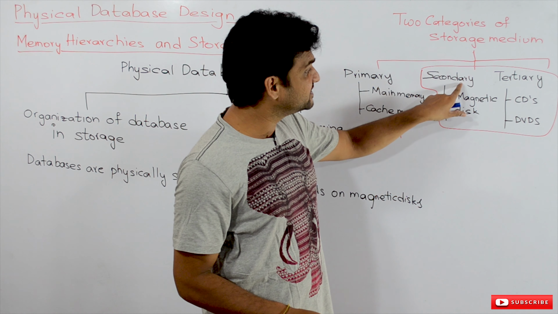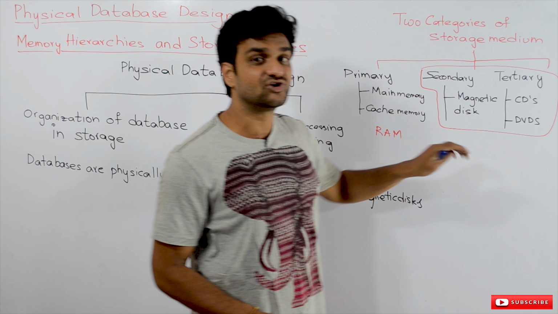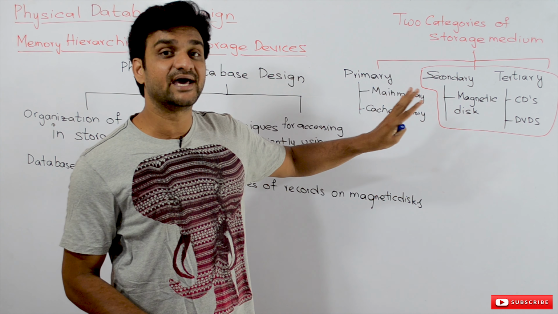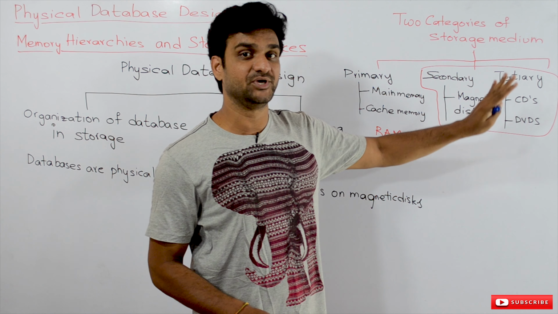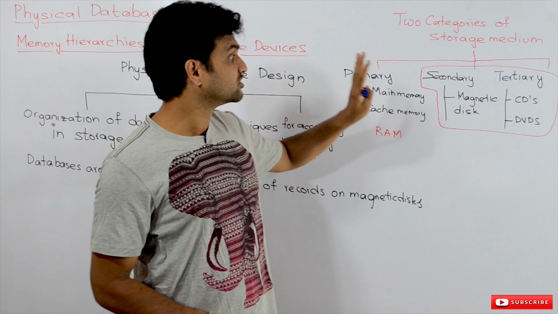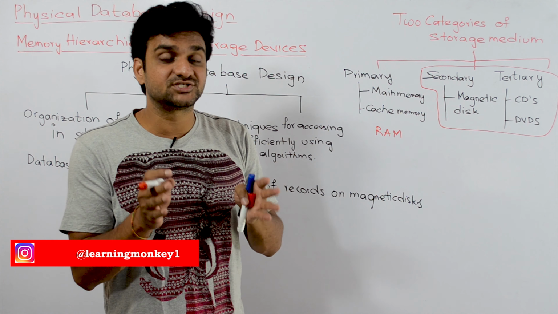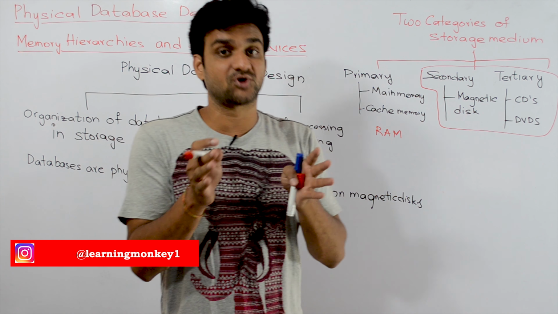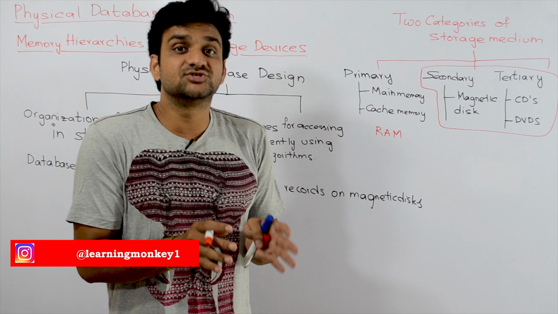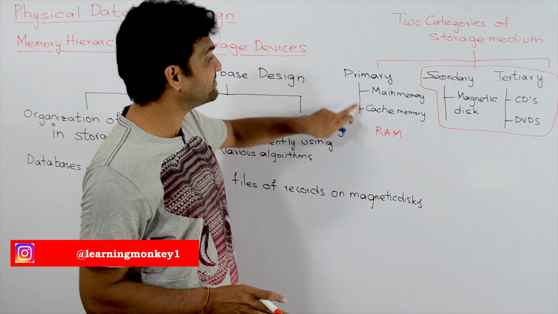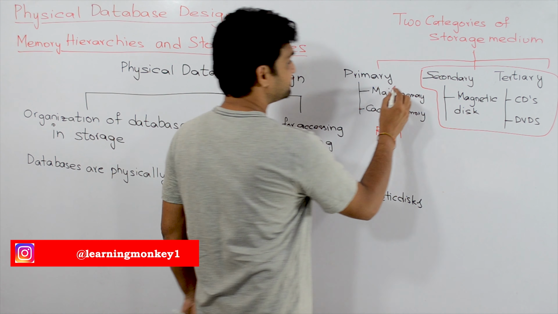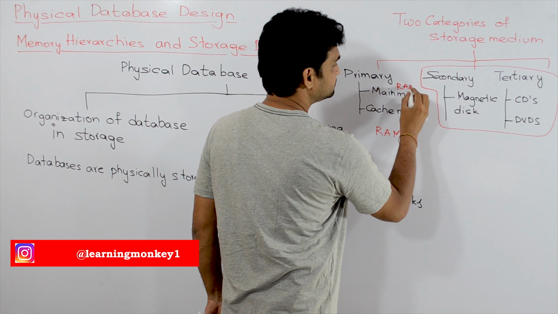These are the categories which will not be directly accessed by the CPU. The central processing unit, we call it the processor. The processor knows about only RAM and cache memory. The main memory is also called RAM.